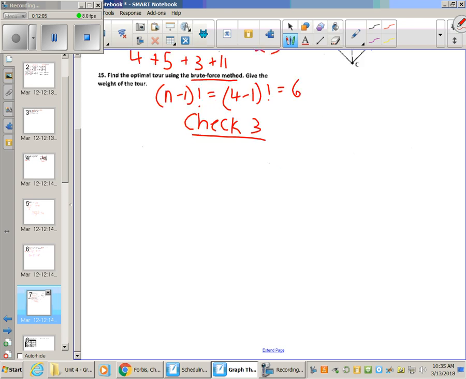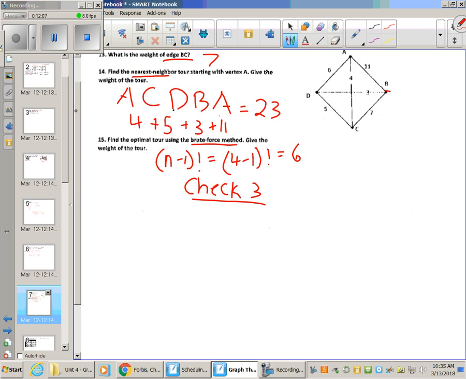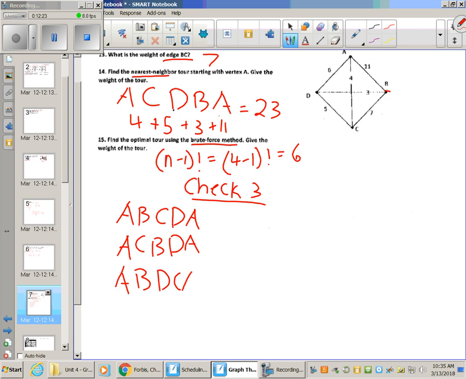Okay, so let's list all 3 of our Hamiltonian circuits that go with it. The first one is A, B, C, D, A. The next one is A, C, B, D, A. And the last one is A, B, D, C, A. Those are 3 distinct ones.